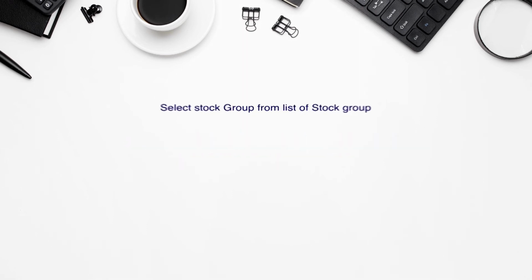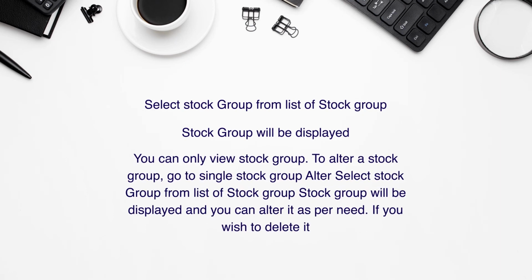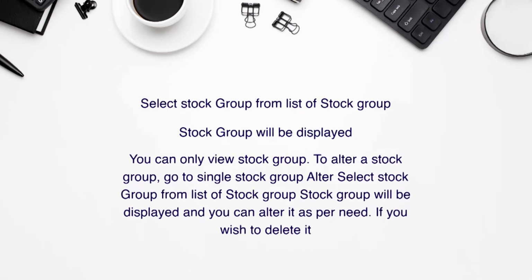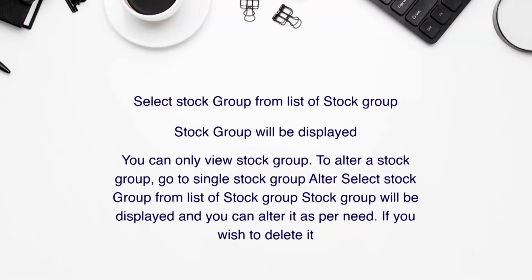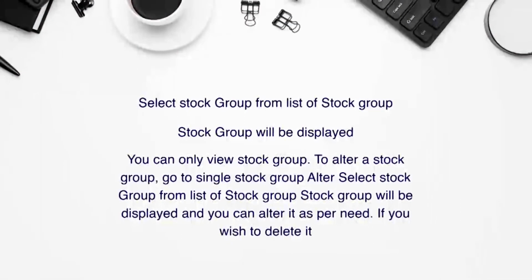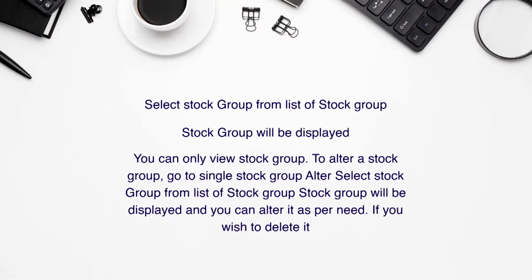Select stock group from the list of stock group. Stock group will be displayed. You can only view the stock group in the display option. If you want to alter a stock group, you have to go to single stock group, alter and select stock group from the list of stock groups available. Whatever stock group you select will be displayed and then you can alter as per the need.